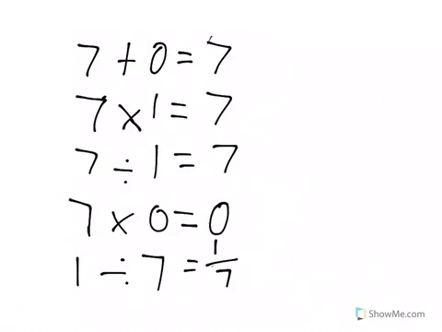Would the number sentences be true if we replaced that number, in this case 7, with any number? Could you put any number in there and it would still be true? Think about it. It would be true as long as the number we used to replace it did not equal 0.